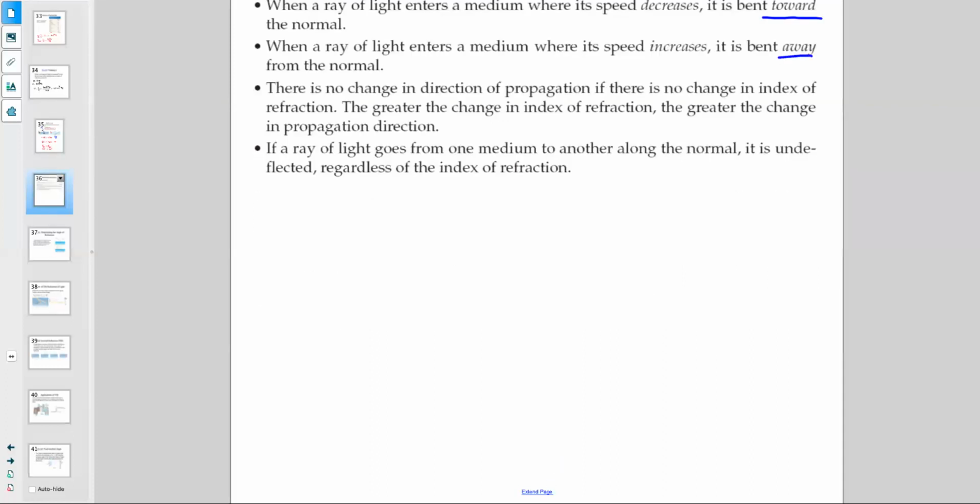So let's say we have two mediums, and the light is going from one to the other. Let's say we have air, and here we have water. And then let's say that this is our incident ray.